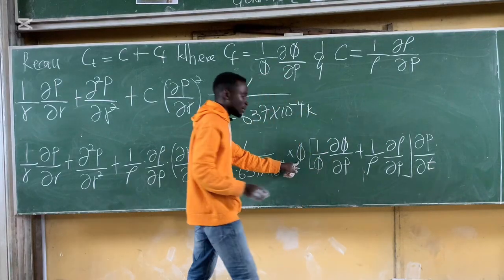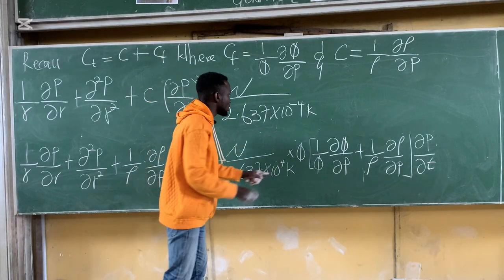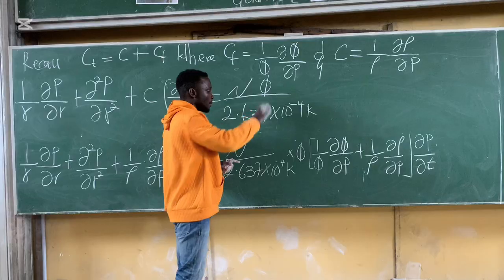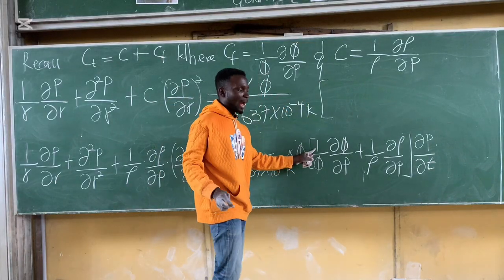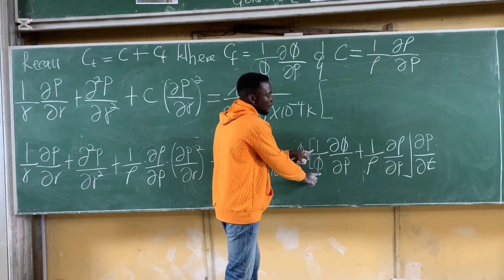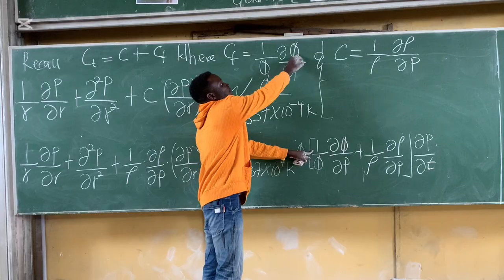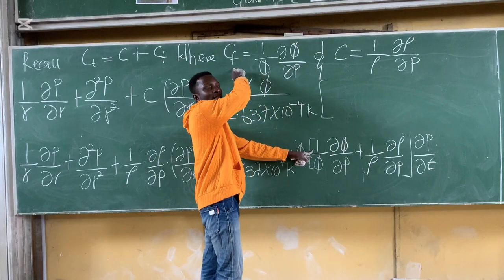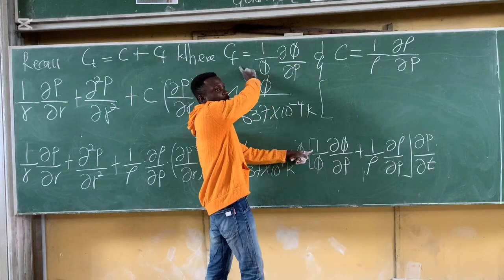Now remember that there is phi here. Phi is multiplying this constant too. So we can simply say that this is the same thing as what? Mu phi. So into, if you look at this bracket, we have 1 over φ dφ/dp. And we said that 1 over φ dφ/dp is our what? C_f. So instead of writing 1 over φ dφ/dp, you can simply write C_f.